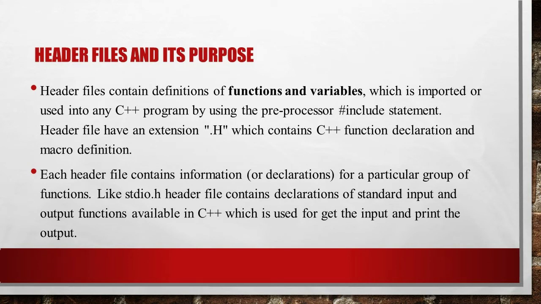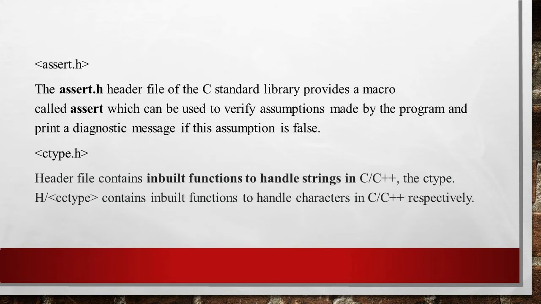Some of the header files we use in C++ programs are assert.h, which contains macros and information for adding diagnostics that aid program debugging; and ctype.h, which contains function prototypes for functions that test characters for certain properties, and function prototypes for functions that convert lowercase letters to uppercase letters and vice versa.